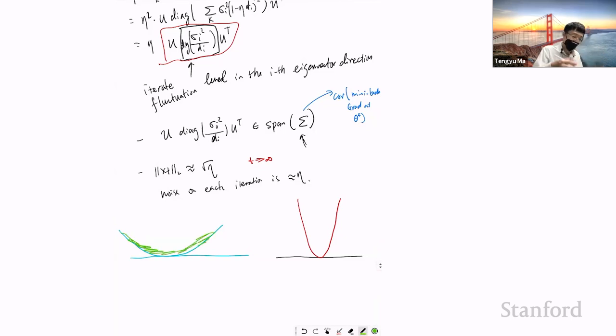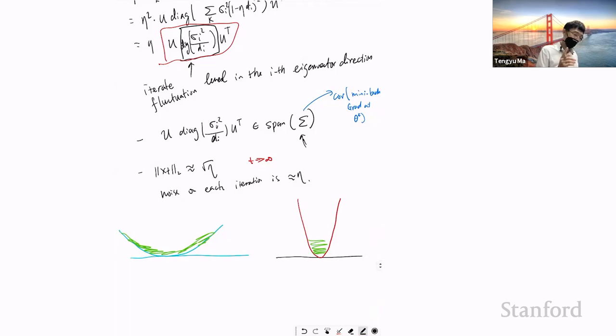You're going to have a larger radius for bouncing around here, and a smaller radius here. However, even if you have a larger radius here, it doesn't necessarily mean a larger effect on the function value, because you fluctuate a lot but the function is flat as well. So it's okay to fluctuate more in some cases.